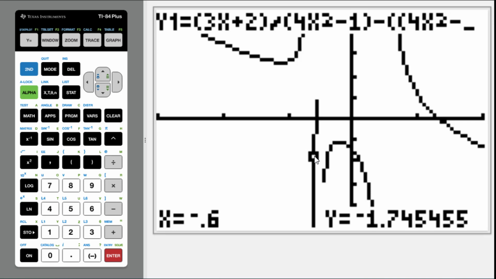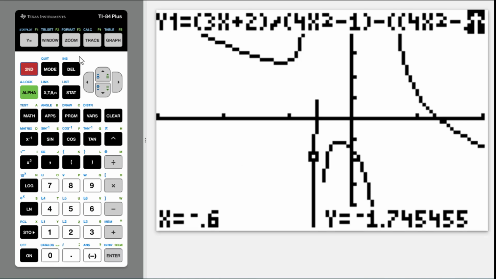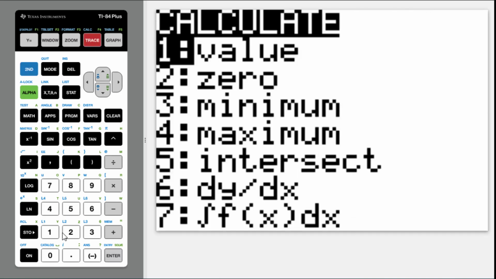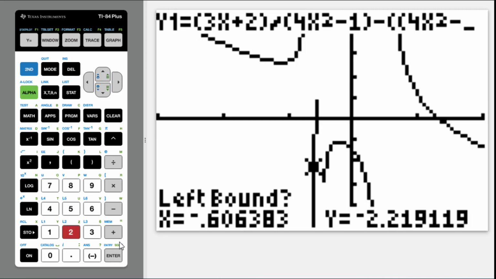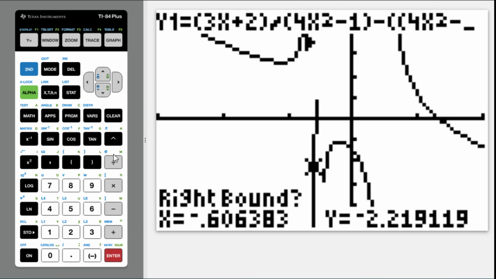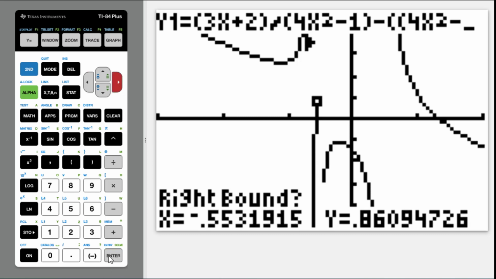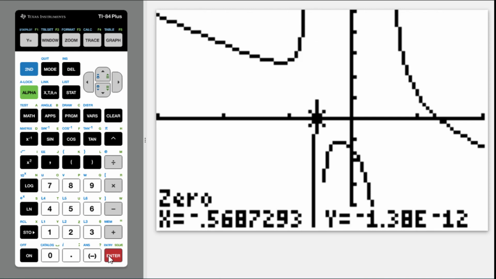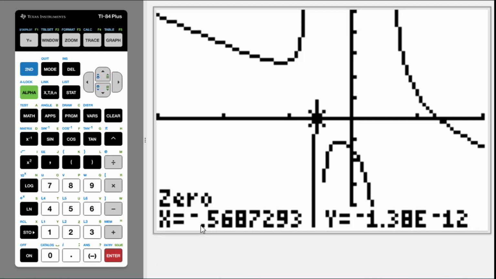Let's do negative 0.6. This will be the left bound. So second trace, 2, left bound. Then you move the arrow to the right bound, enter, enter. We will get negative 0.569.